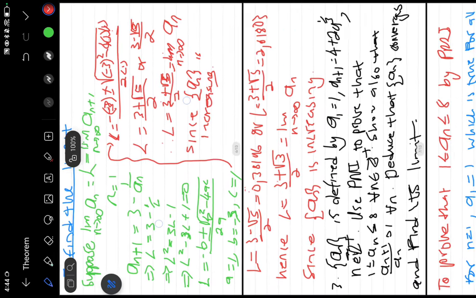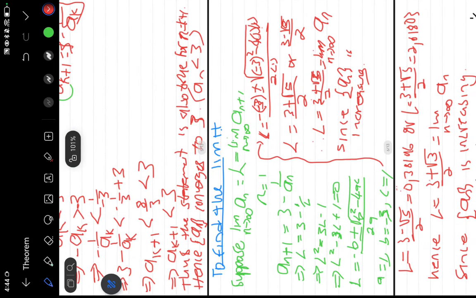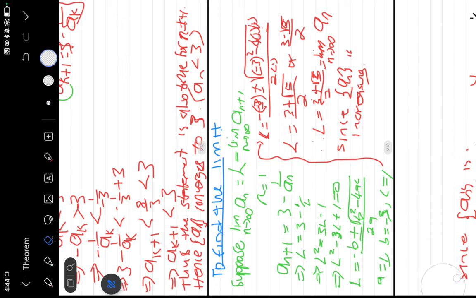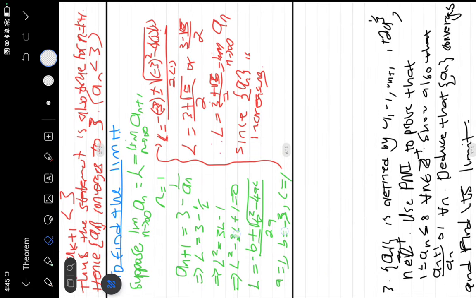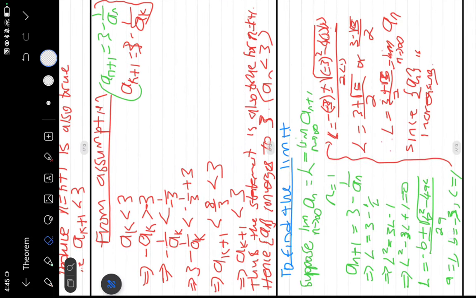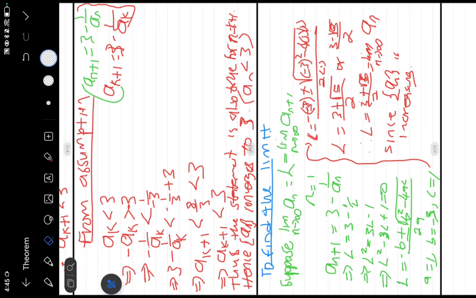I still have another question that is similar to that. Any question? So let me erase this one. Here I was trying to show the computations. Therefore, L equals 3 plus root of 5 divided by 2 equals the limit as n approaches infinity of a of n.